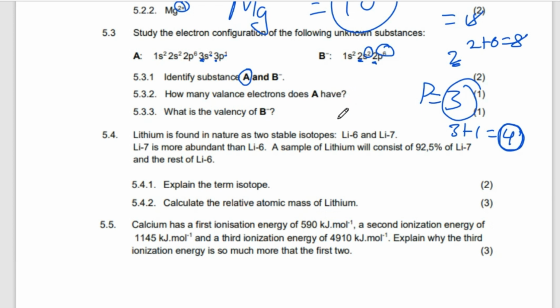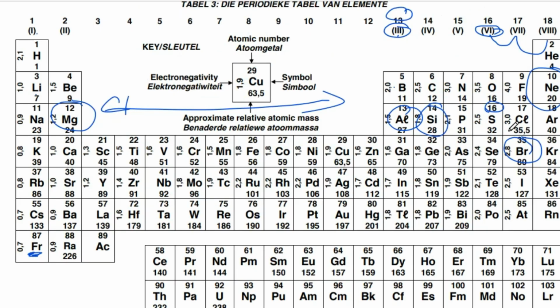Meaning, how many electrons are involved in the bonding of A. We said that A is silicon.